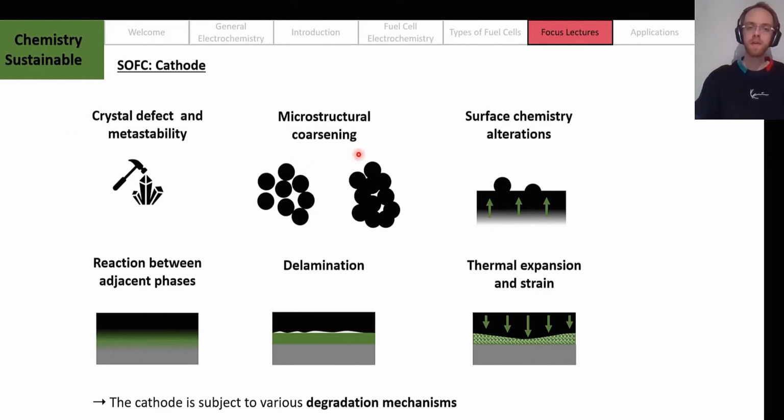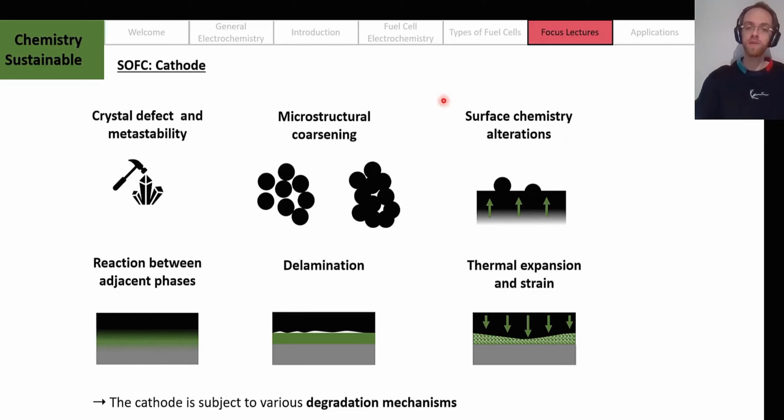Another degradation mechanism is so-called microstructural coarsening, and this refers to particles kind of merging into one another. And you can readily see here that the most significant effect of this is a shrinkage of surface area. Therefore, you lose active sites and therefore you lose activity in your corresponding reaction.